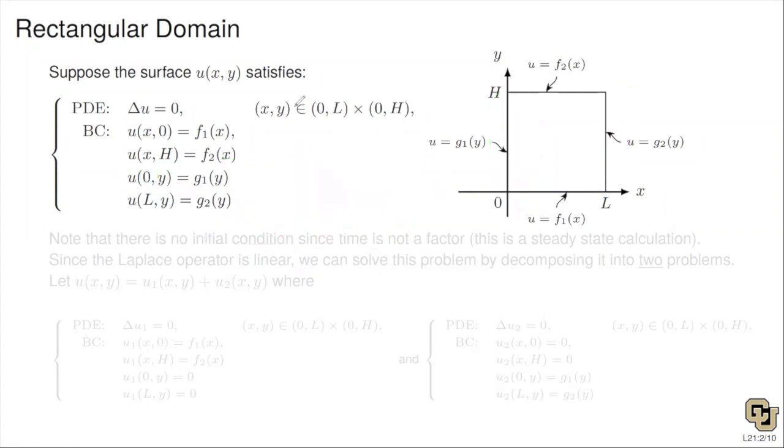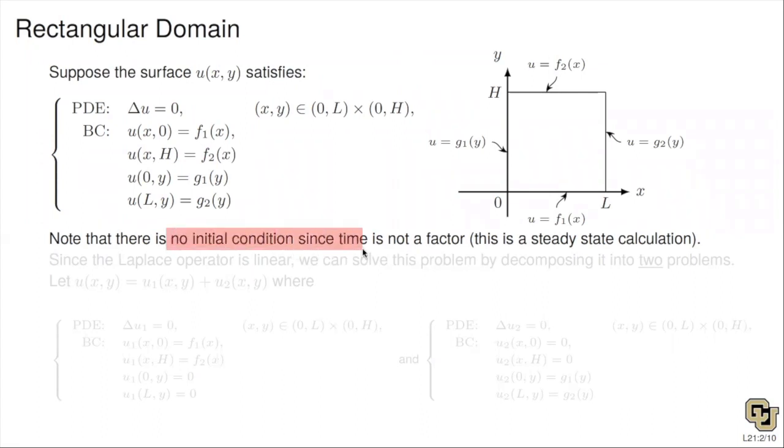And so keep in mind, this is a steady state calculation, so there are no initial conditions. That's one thing that can be slightly confusing right now when we talk about Laplace, is we're so used to having a time component from the heat equation and the wave equation. This is different. Time here is not a factor.